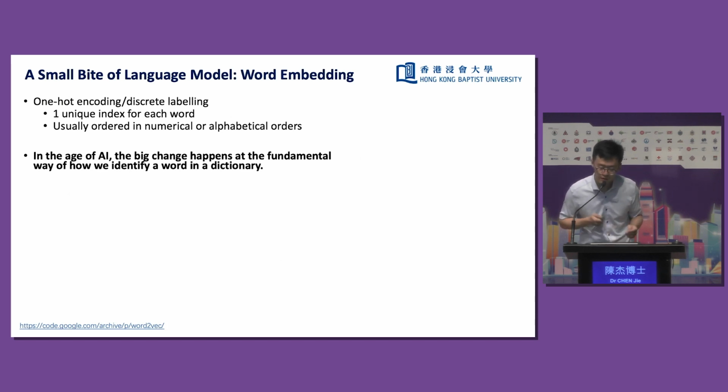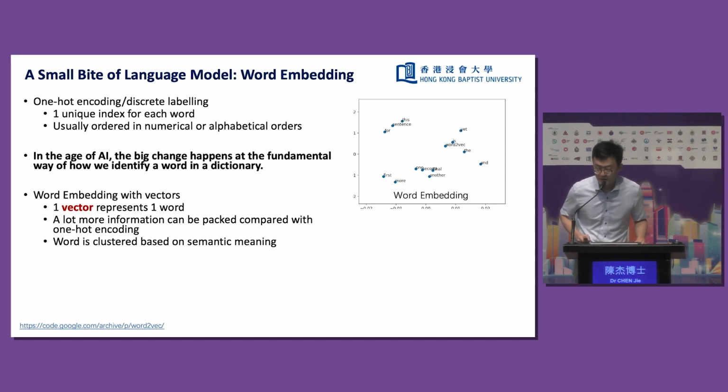So for a computer, we use word embedding. Okay? So just like how we express the weather today, we're no longer using a one-hot number to express information, but instead we use a string of numbers. So that a lot more information can be packed together as compared to one-hot encoding, right?